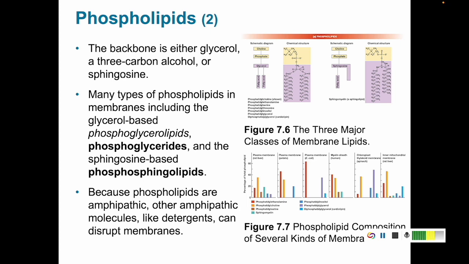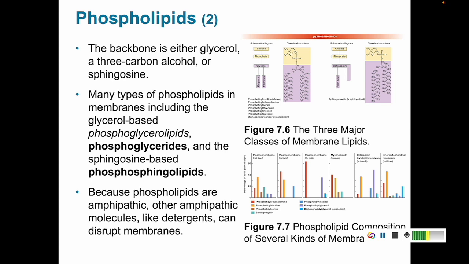The glycerol-based molecules of phospholipids could include phosphoglycerides, and it could include sphingosine-based phosphosphingolipids. But these are all going to be a similar kind of shape to our phospholipids, right? With our head, a charged group, and a couple of fatty hydrophobic tails.